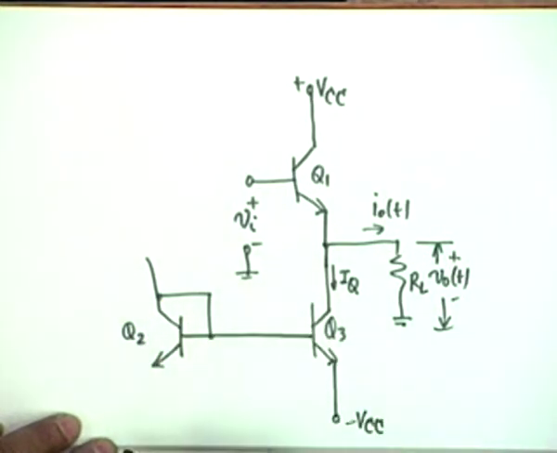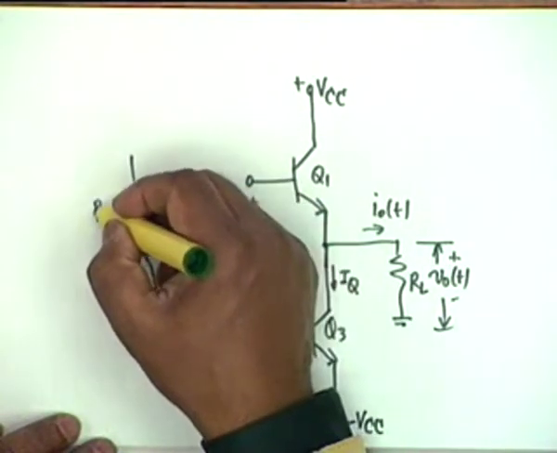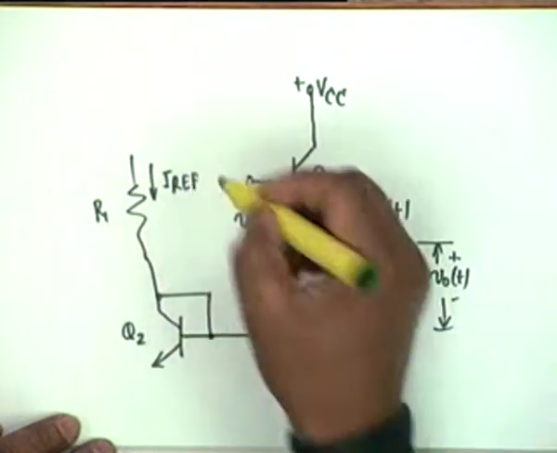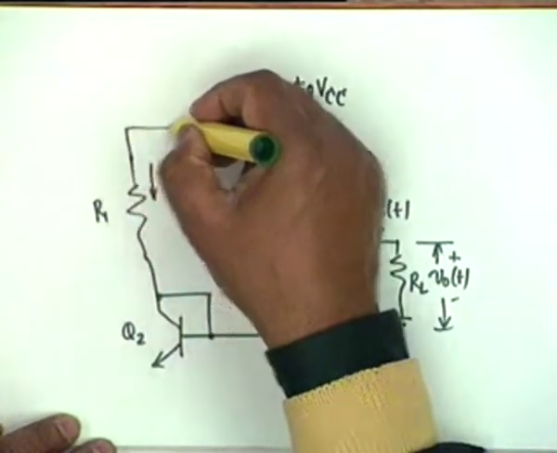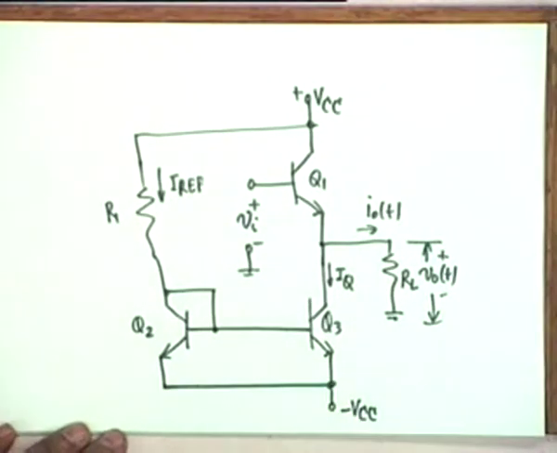Its collector is connected to the base, and this is connected to a resistance R1. The current through this is Iref, the reference current, and this naturally has to go to plus VCC. Okay, this is the transistor, and the emitter is connected to this emitter.